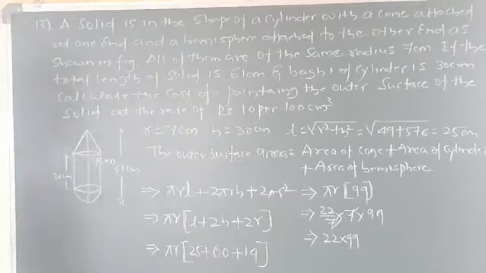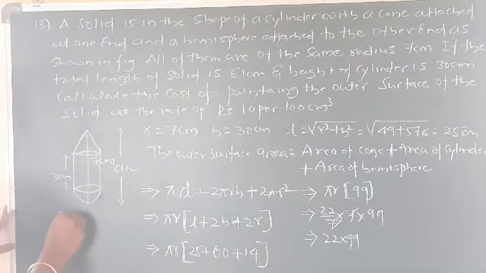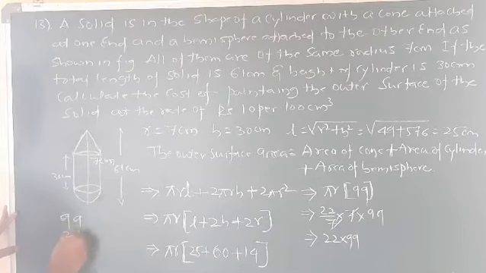So how can we solve it? We know it very well: 99 into 22. 2 9s are 18, so 8 will come, 1 carry. 2 9s are 18, 8 plus 1 is 9. Now 9 and 8 will get 17, so 7, and 1 will come here.